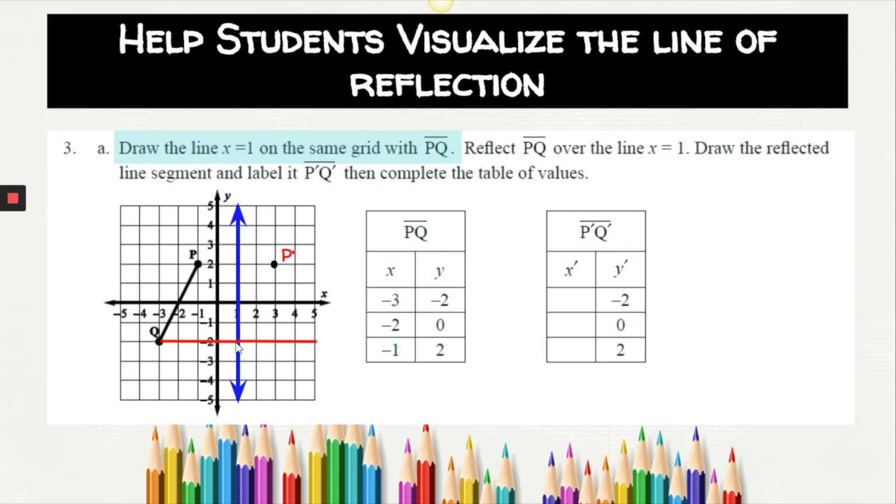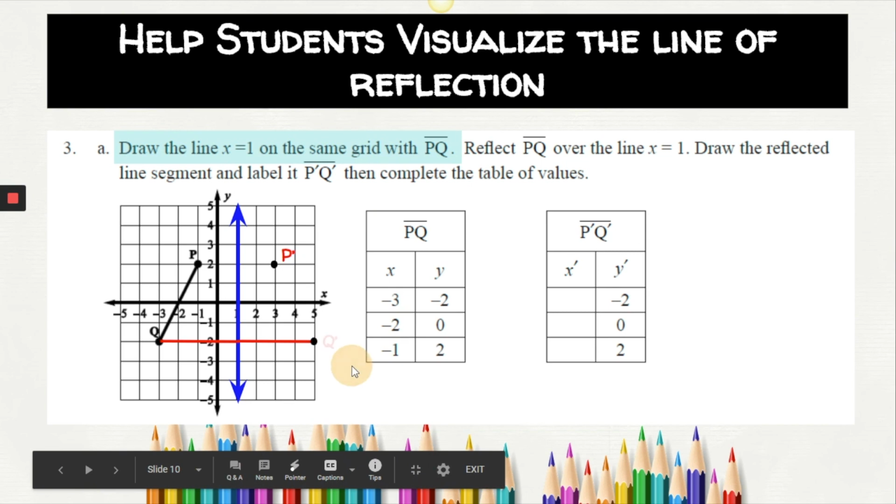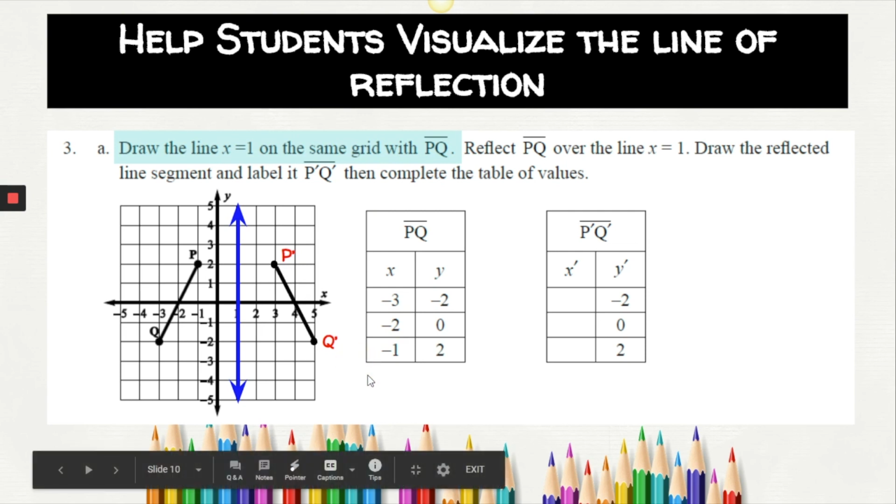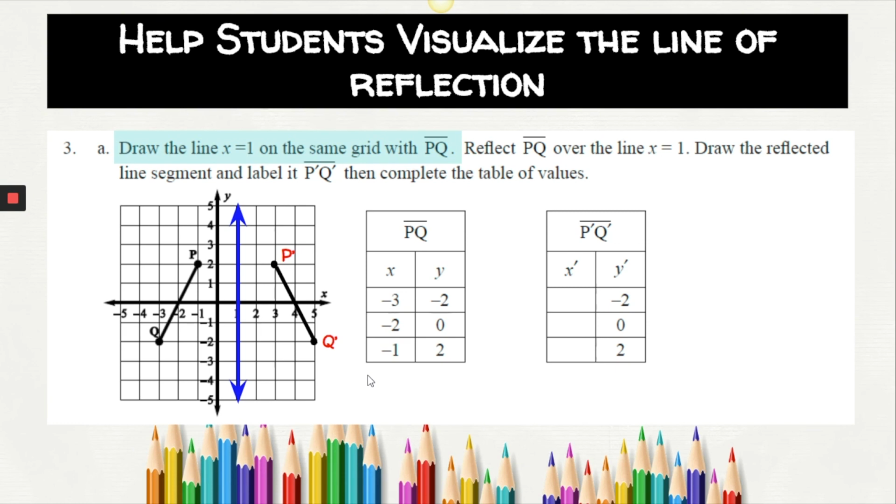So we're going to want to draw and extend 4 units across that line of reflection so that we can plot Q prime. Once we've gotten both of our points, then we can draw a line to connect, and then there is our symmetrical line across x equals 1.